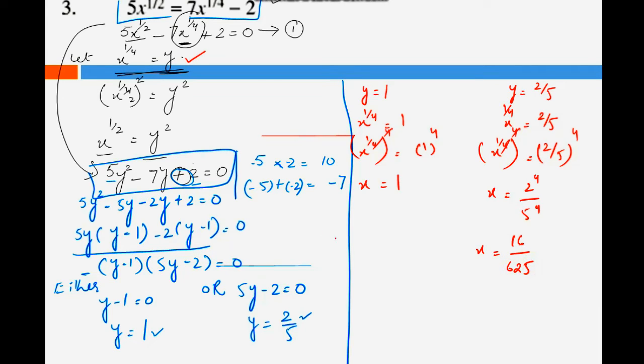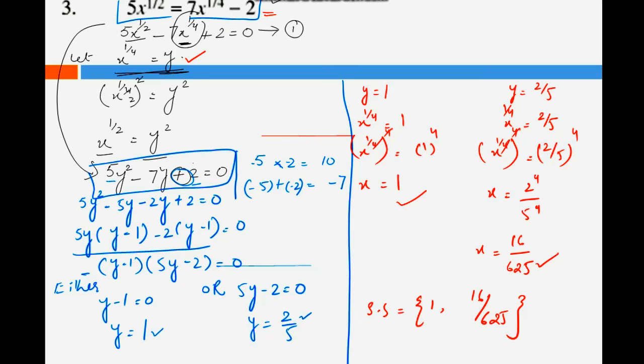Now both of these are solutions of this equation. So the solution set will be 1 and 16 upon 625.